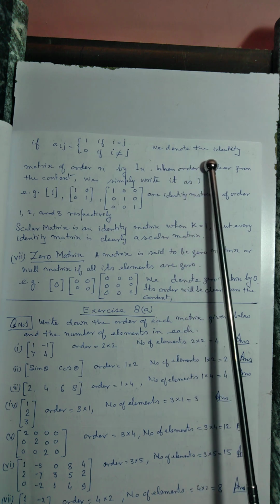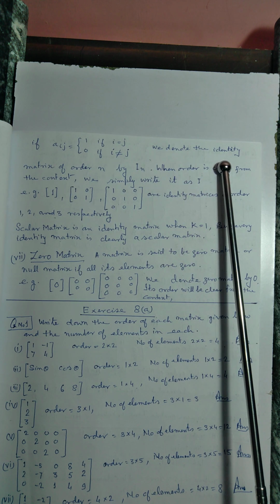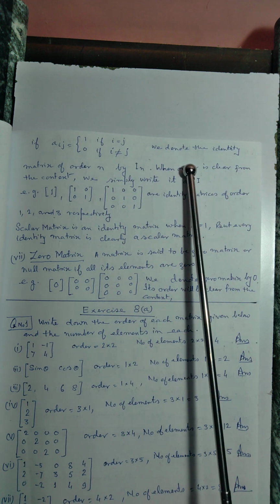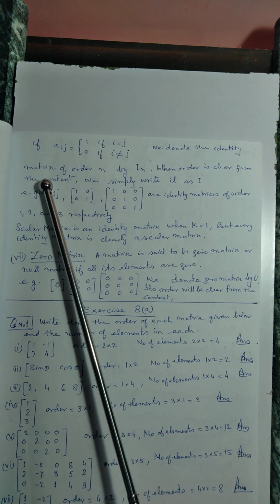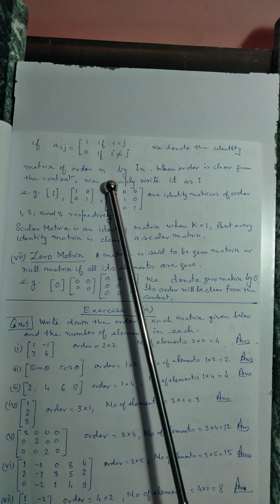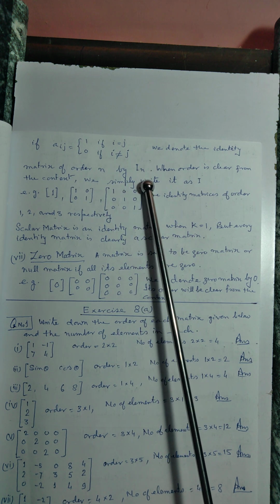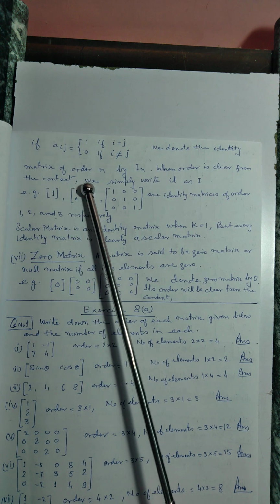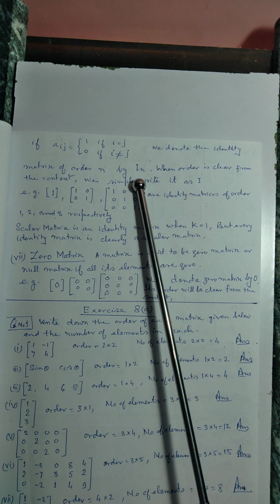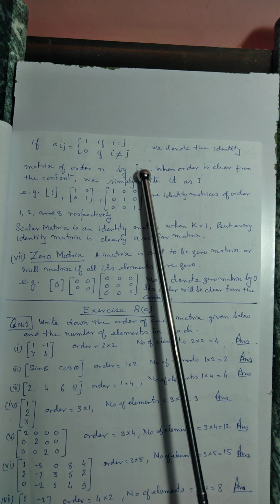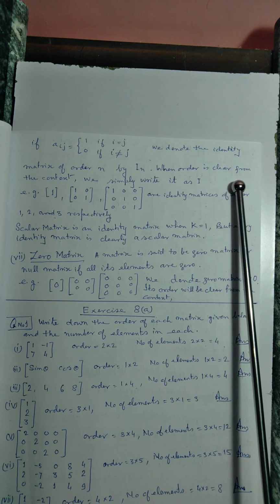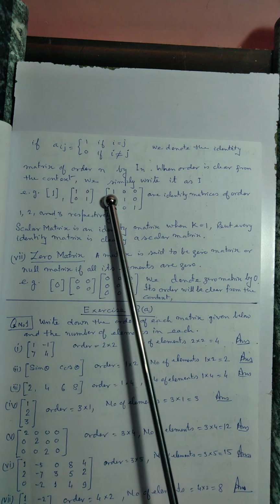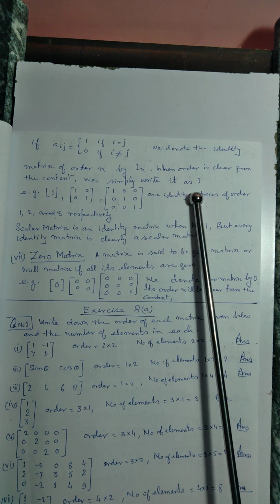Identity matrix means if 1,1, 2,2, 3,3, 4,4, those should be 1. We denote the identity matrix by I. You see, the identity matrix of the order n by n is indicated like this: I_n. When the order is clear from the context, we simply write it as I.